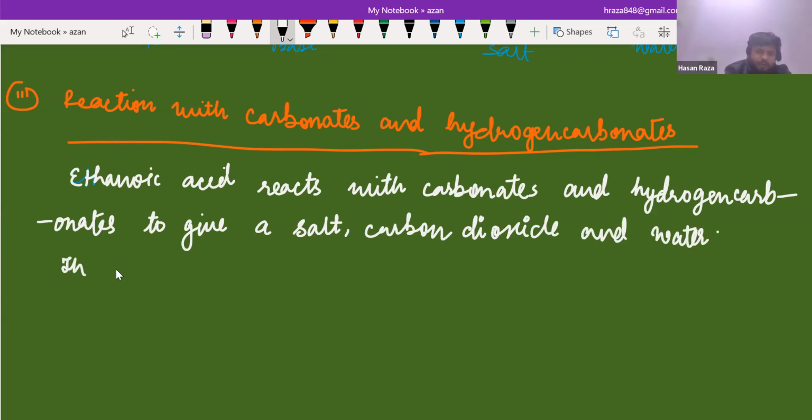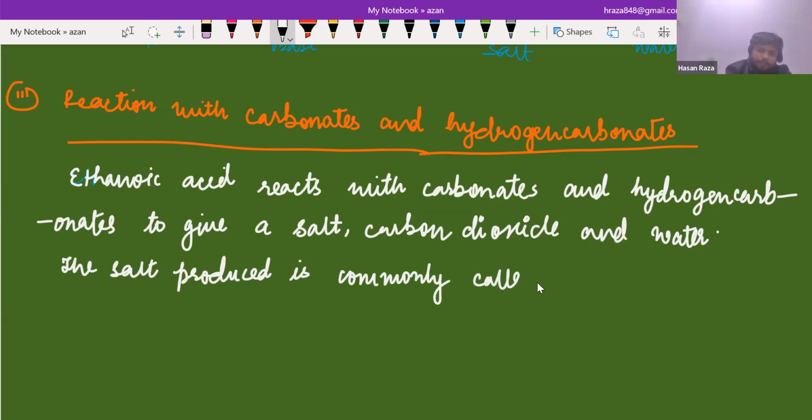The salt produced is commonly called sodium acetate.